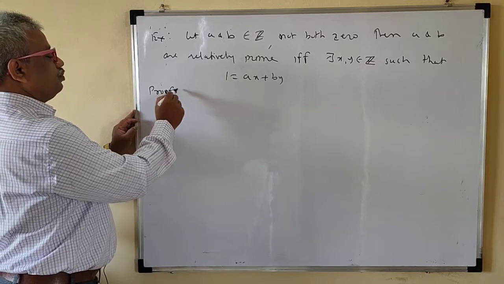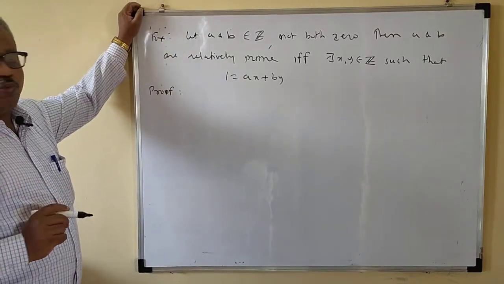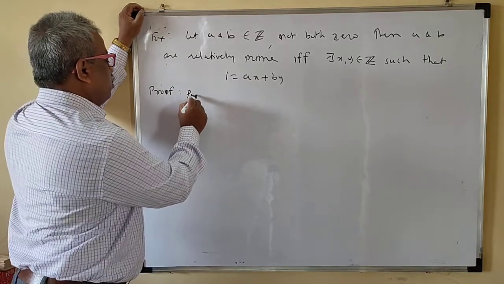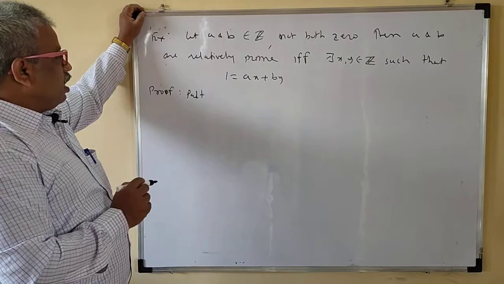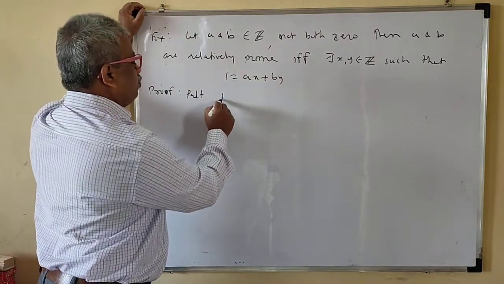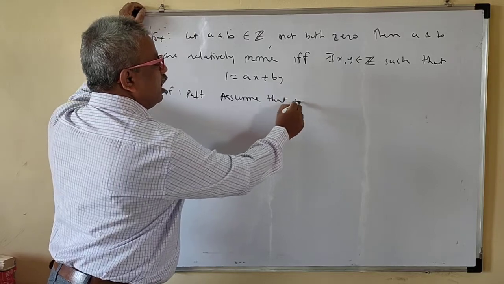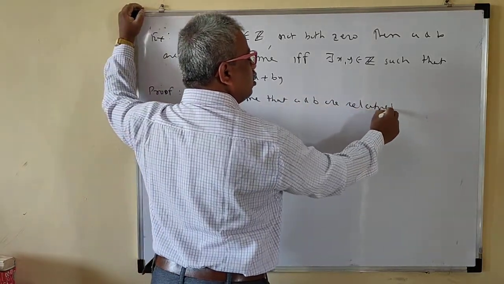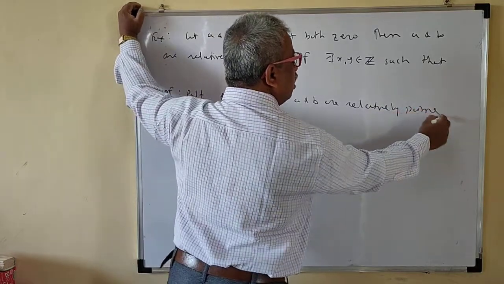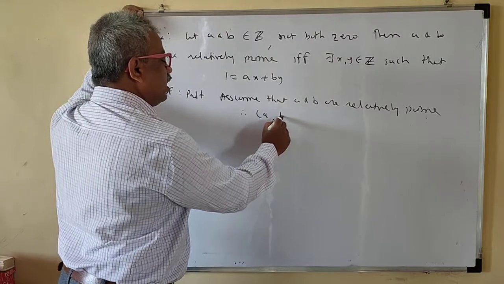Proof or solution. Okay. So if and only if means there are two parts. We take part 1. What do I have to assume? Assume that A and B are relatively prime. Relatively prime means their GCD is 1.